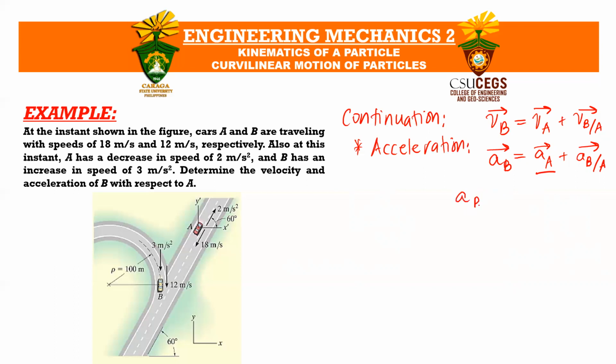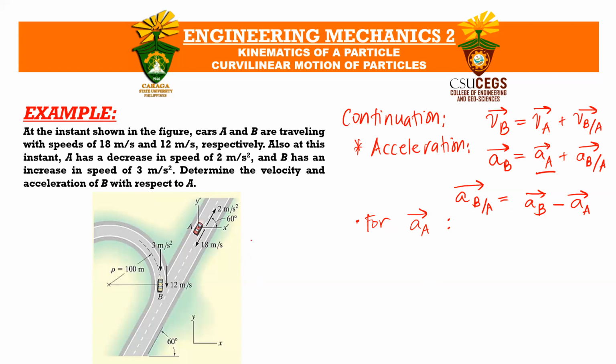So this will become a sub B with respect to A is equal to a sub B minus a sub A. The same thing as what we did in our solution on finding the velocity, each term is a vector, so we need to substitute the vector form for the acceleration of car B and the acceleration of car A. So first, we need to determine the vector form of the acceleration for car A.